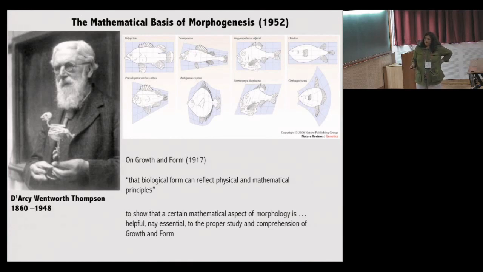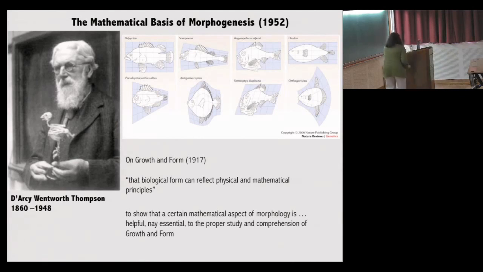And so D'Arcy Thompson said that biological form can reflect physical and mathematical principles. And basically what he was trying to say was that a certain mathematical aspect of morphology is helpful, no, essential to the proper study and comprehension of growth and form.